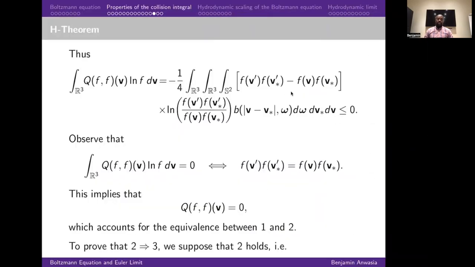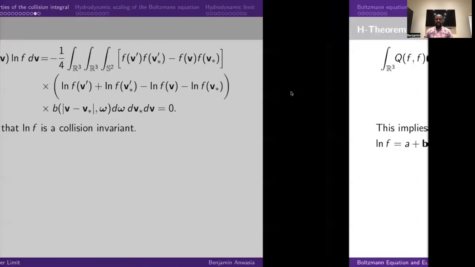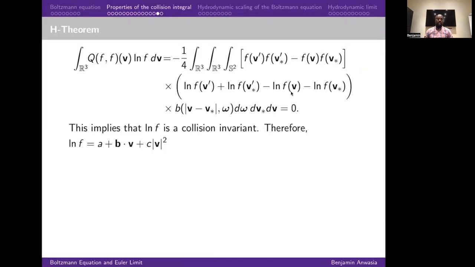To prove that condition 2 implies 3, we suppose that condition 2 holds. That is, we suppose that the following equation is true. Then if this equation is true, log f is a collision invariant. And by the definition of collision invariant, log f must be equal to A plus B dot v plus C times the absolute value of v squared.